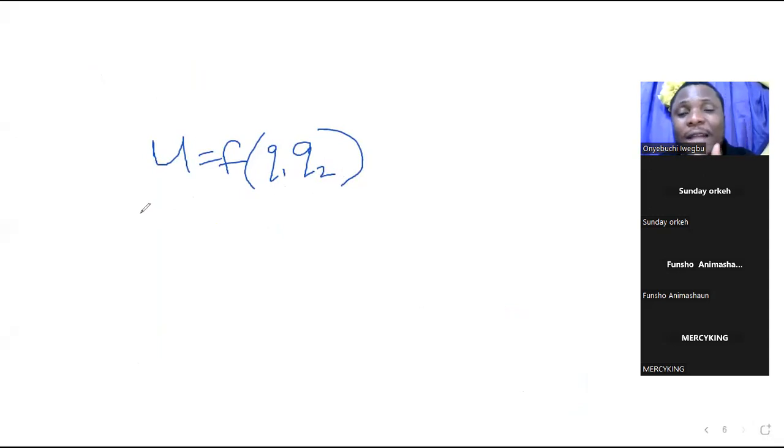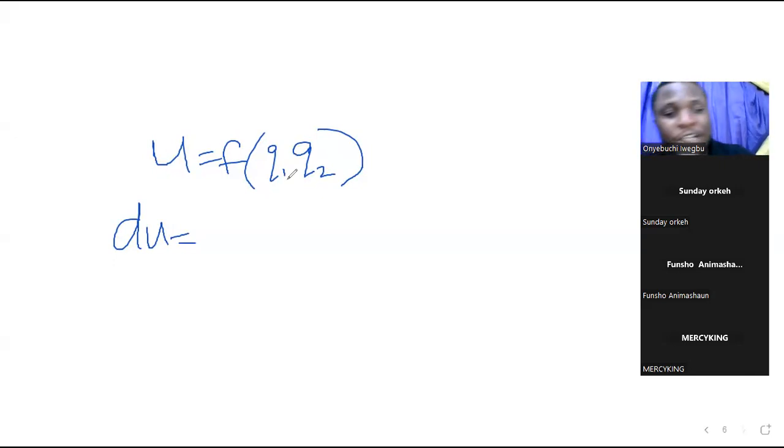If I take a total derivative of this function, that means dU, the total derivative, will be equal to, I will differentiate this function with respect to Q1. If I differentiate the function with respect to Q1, I will call that answer F1. That's F1 dQ1.